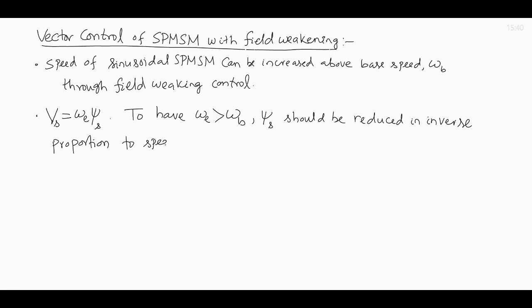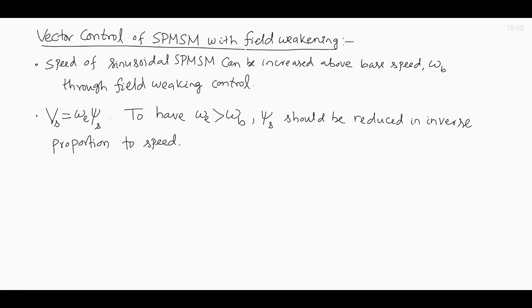Obviously, because the stator voltage has to be maintained constant. So, when omega is more than the base speed, psi s, the field flux linkage, should be reduced in inverse proportion to speed.